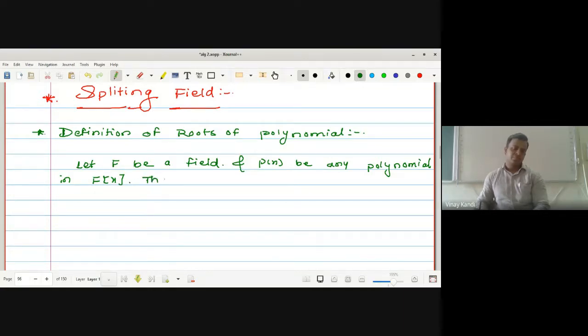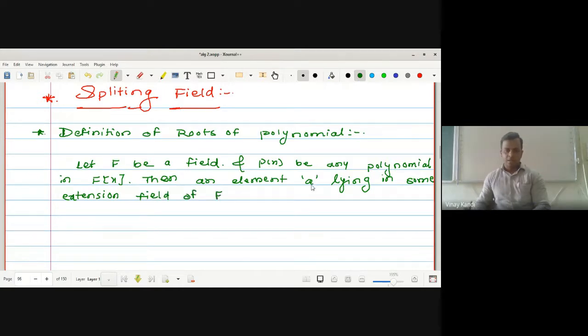Then an element a, lying in some extension field of F, is called a root of P of x if it satisfies the polynomial, that is, P of a is equal to 0.